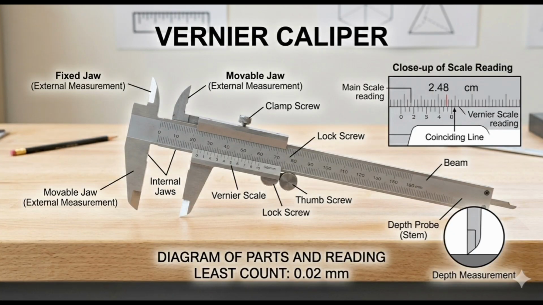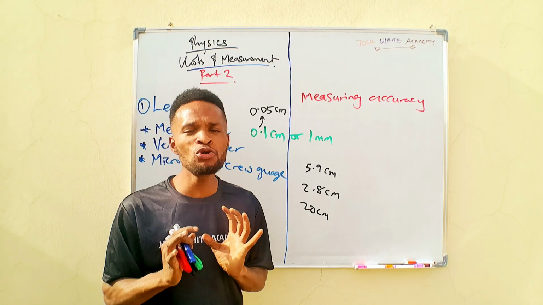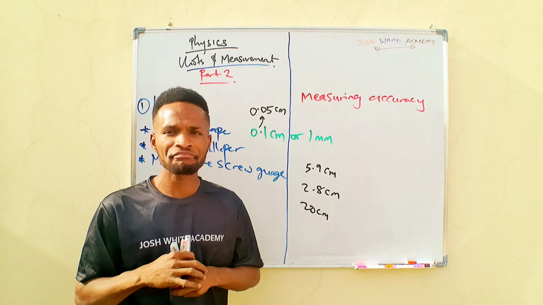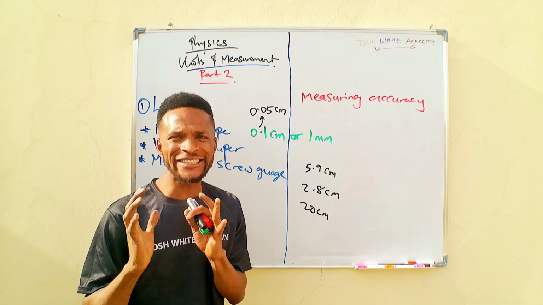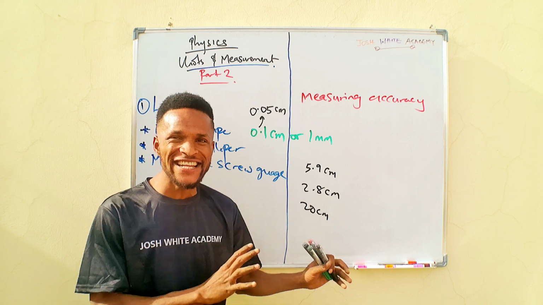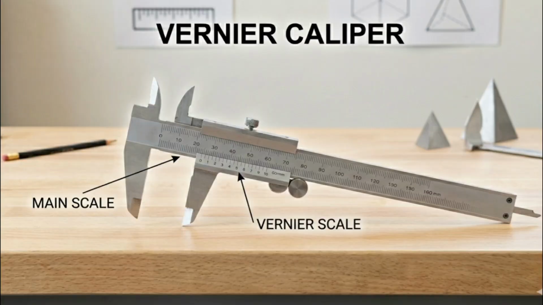Secondly, Vernier Calliper. The Vernier Calliper is used to measure the internal or external diameter of cylindrical objects. It is actually made up of 2 scales. We have the main scale and also the vernier scale.